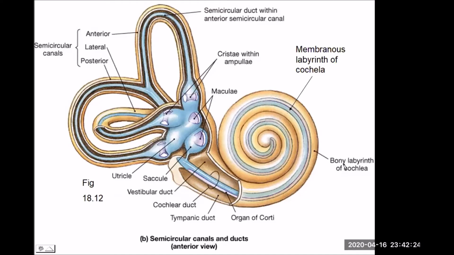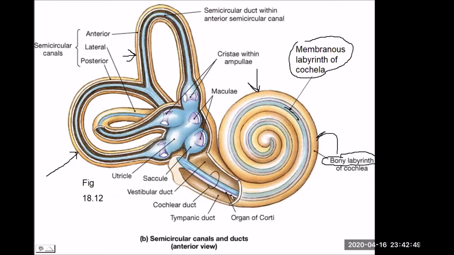So just to describe the concept, we have what's called the bony labyrinth. And here on this illustration is anywhere we see the tan color. So it's the superficial bony surface of this structure of the inner ear. Whereas the membranous labyrinth on this same figure is internally, and it's shaded in blue.